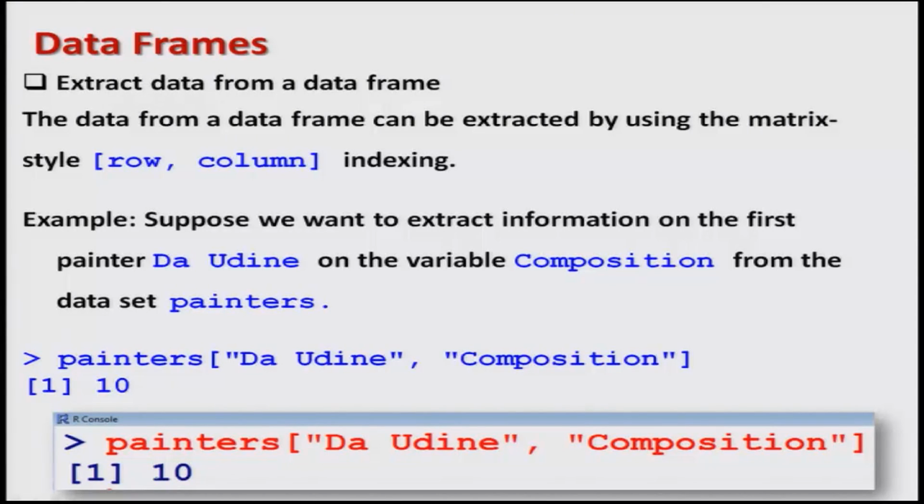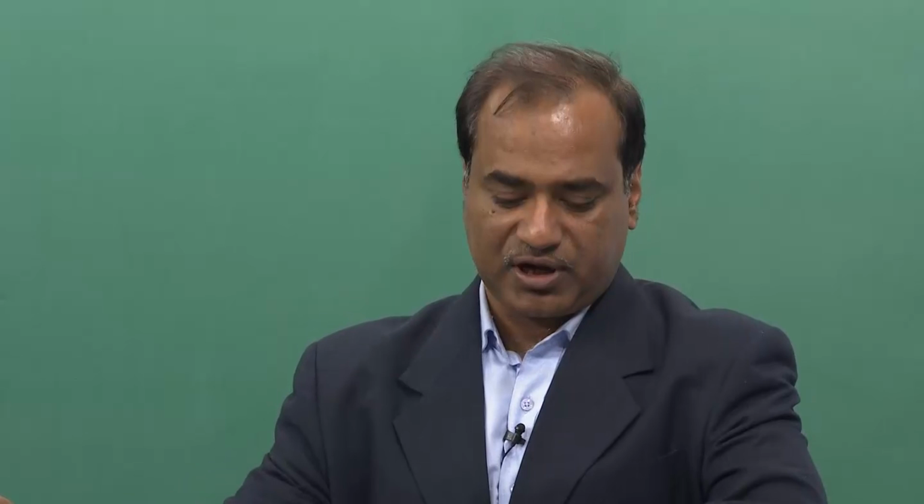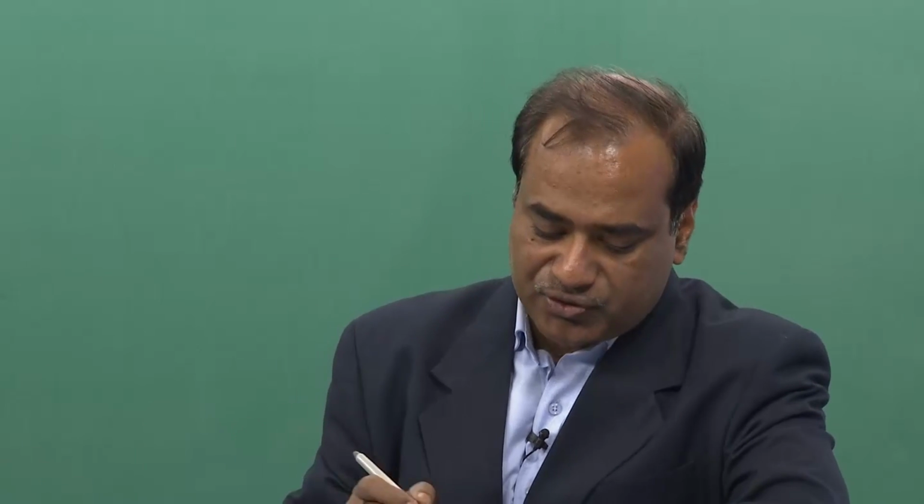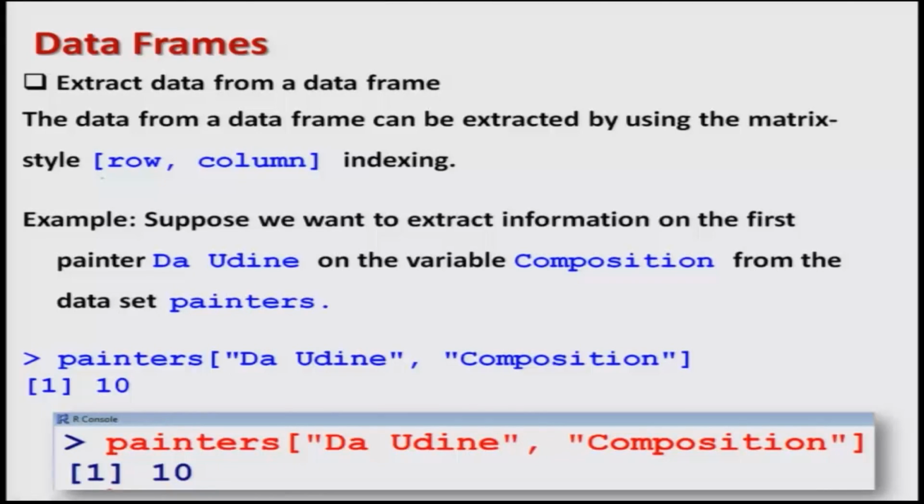Now, suppose my question is how to extract some data from a data frame. In order to extract particular data from a data frame, we use the matrix style combination. That means I use square brackets and specify the name of the row and column from which I need to extract the information.